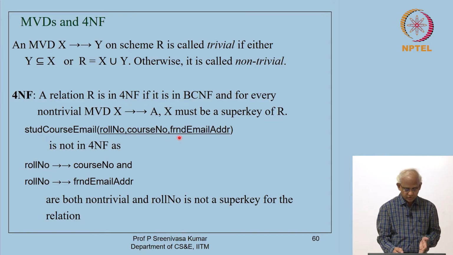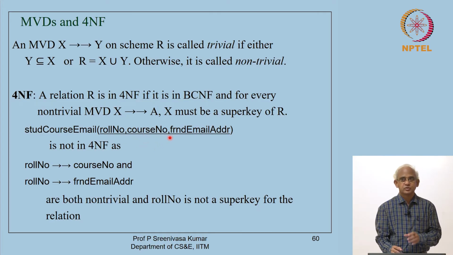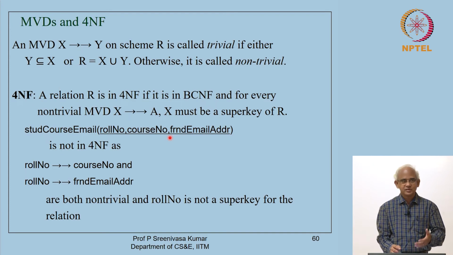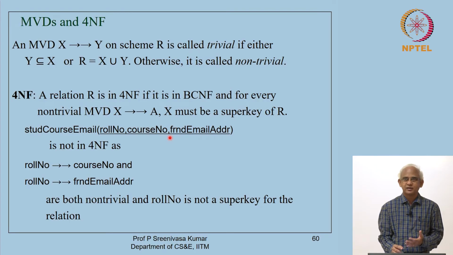So, what we now suggest, of course, is to decompose this into roll number, course number, and roll number, friend email address. Of course, what I am trying to say here is interesting. Left to ourselves, we would never naturally design this kind of a relation. But if this relation came into the picture inadvertently in your design, then the machinery up to functional dependencies cannot detect any problem with it.